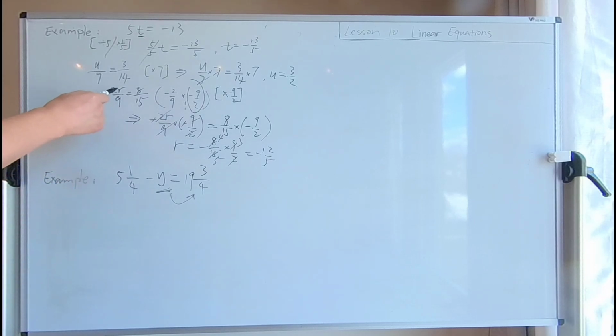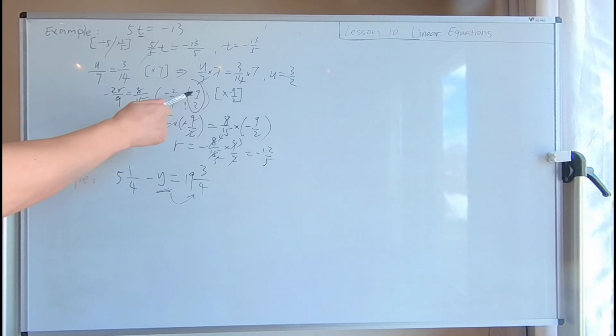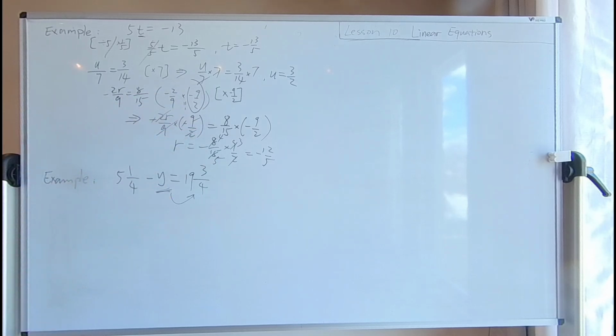When you have a negative sign and you're trying to isolate your variable, one way is like the previous example, you can multiply by a negative number on both sides of the equation, but multiplying by a negative sign is equivalent to moving the term to the other side of the equation by changing the sign. So this time, if I want to get a positive y directly, it's so-called moving this term to the other side of the equation by changing the sign.